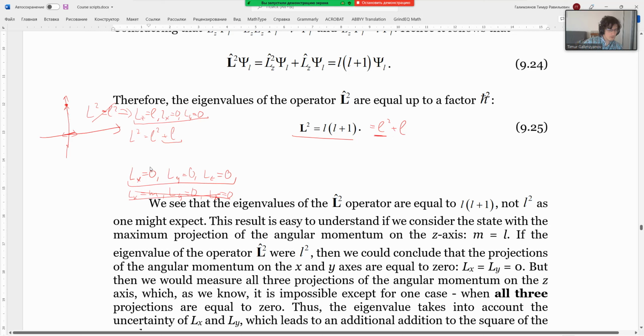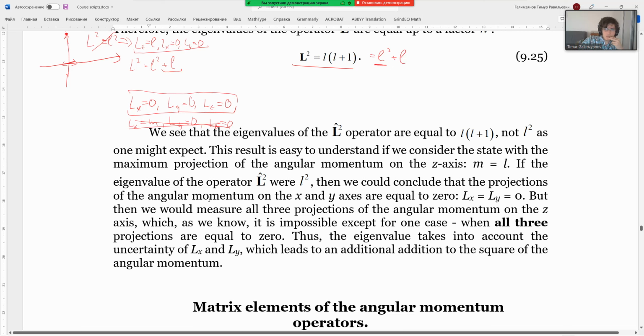Only the state with all three equal to 0. So either you have all three projections equal to 0, or you know only one projection of the angular momentum. Okay. So that's all I wanted to tell you about the angular momentum of the particle.